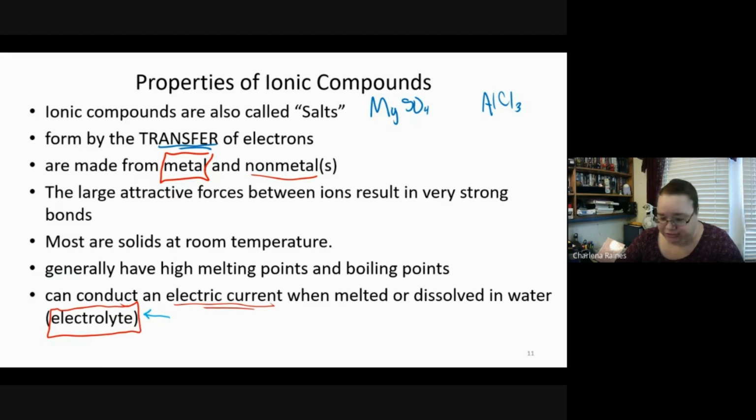It doesn't give you energy. It just lets your brain and your body conduct electricity, which is needed for your brain and your muscles to communicate and function properly. So electrolytes are something that can conduct electricity. And specifically, our ionic compounds do form electrolytes.